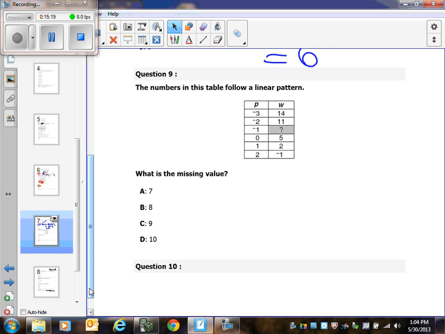Now looking at question 9. The numbers in this table follow a linear pattern. Now, honestly, for this particular question, you could just look for a sequence, a pattern.